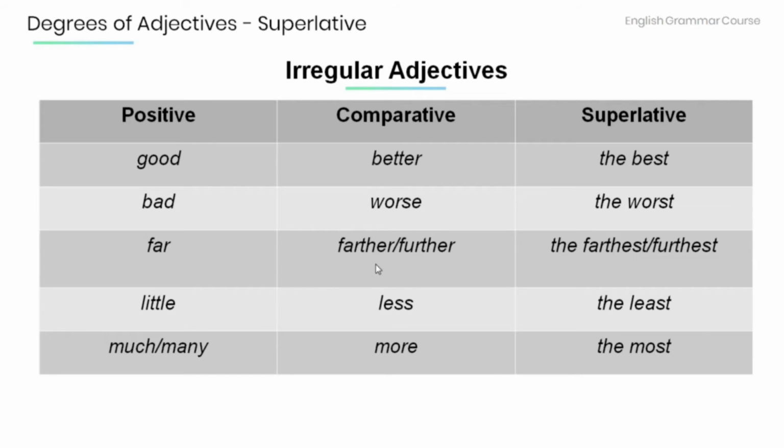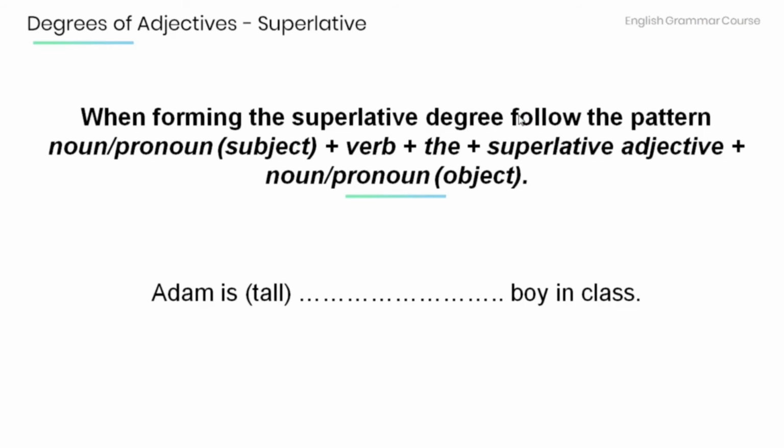Comparative, farther, further. Superlative, the farthest, the furthest. Little, comparative, less. Superlative, the least. Many or much, comparative, more. Superlative, the most. And now, let's review and practice a bit.